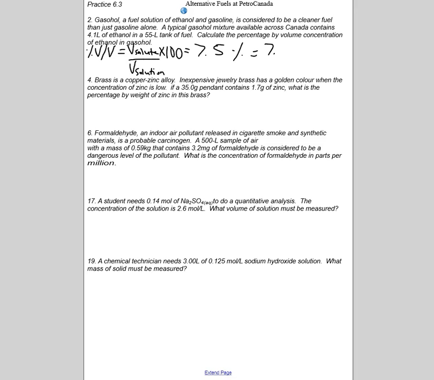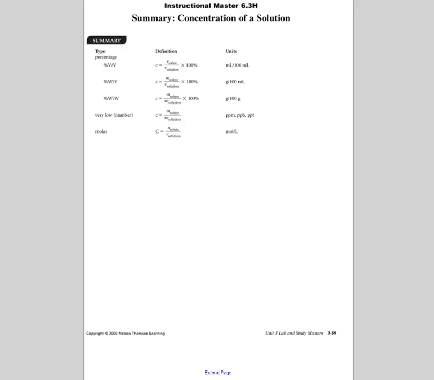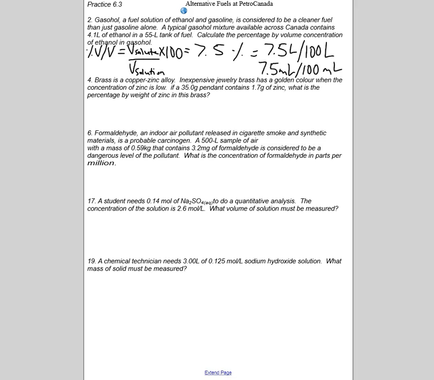However, 7.5 liters per 100 liters would be one way of reporting this, alternatively. Or if you go with the milliliters per 100 milliliters, this matches the units that are shown here on your summary sheet. I would suggest that liters per 100 liters is a little bit more fitting given the amount of fuel that usually you pump into a gasoline tank.